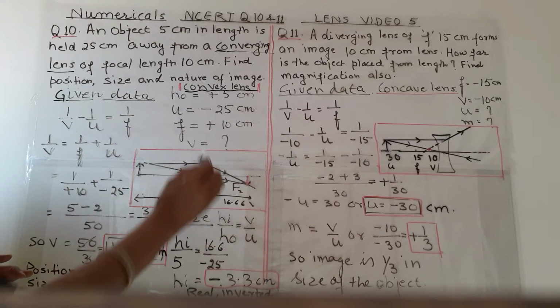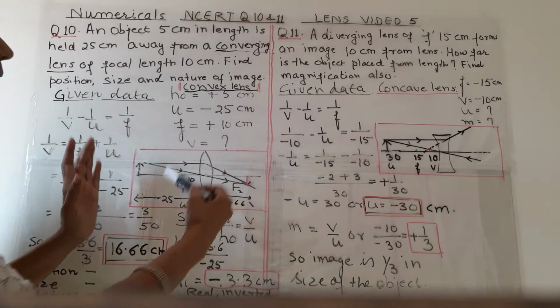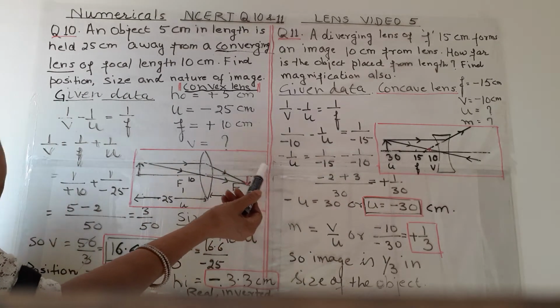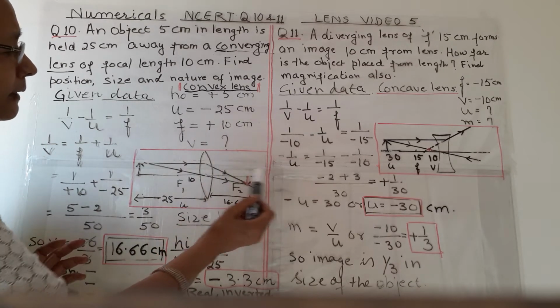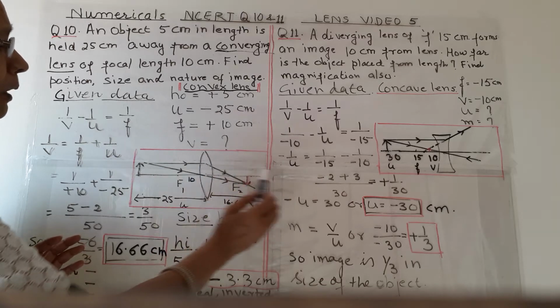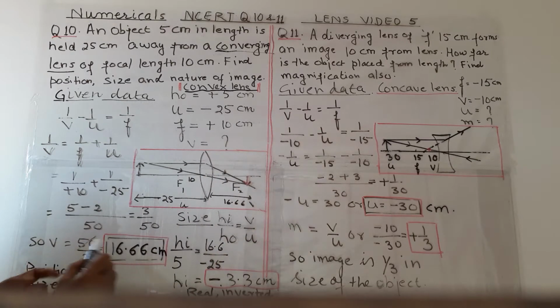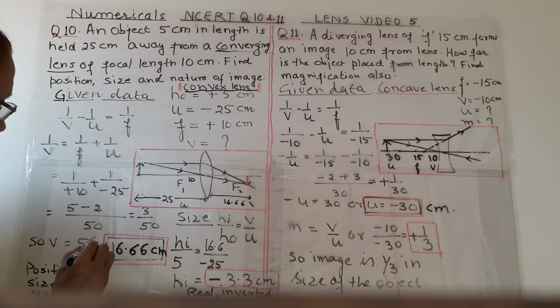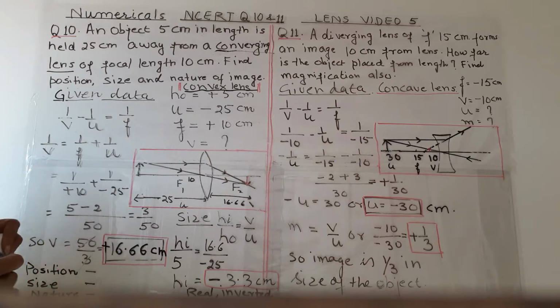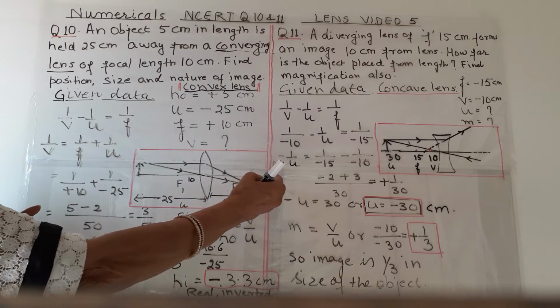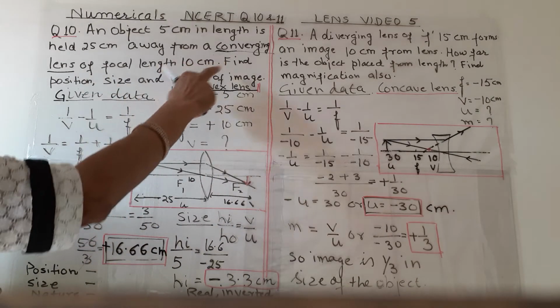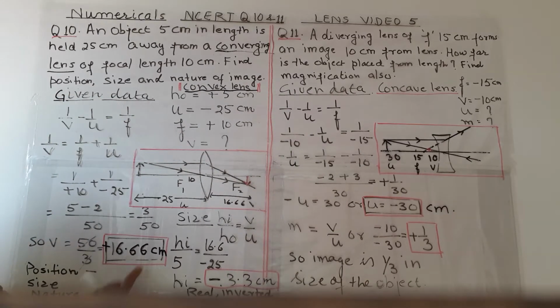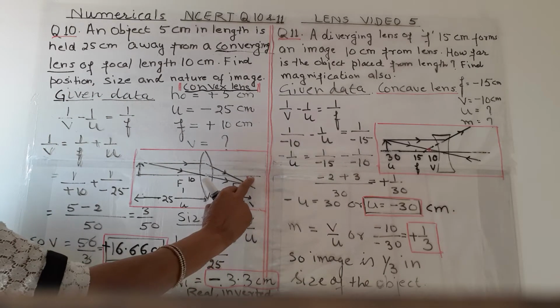We know in this convex lens, image is formed on the right hand side, and this right hand side is the positive side or plus side. And here we get 16.66 as plus. It means the image is formed on the right hand side of the lens. So this is how we get the answer of position. Now the image is present at this point here.